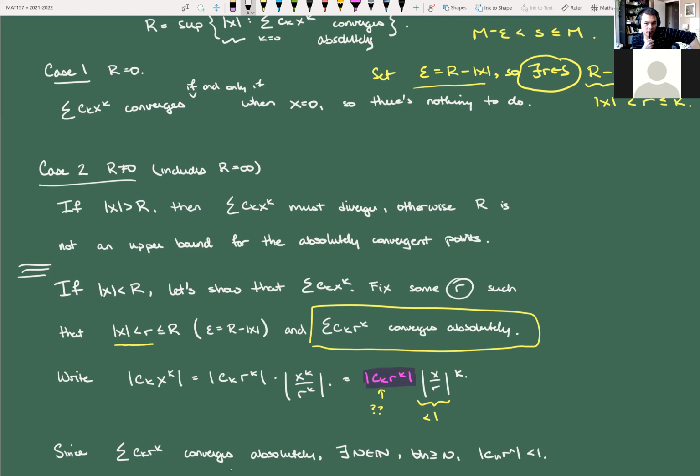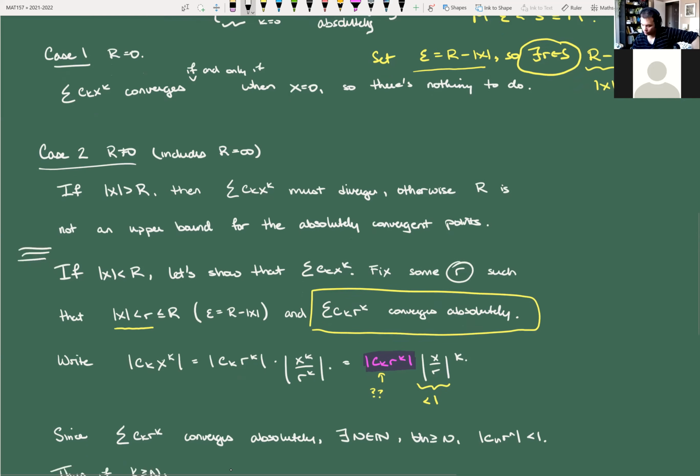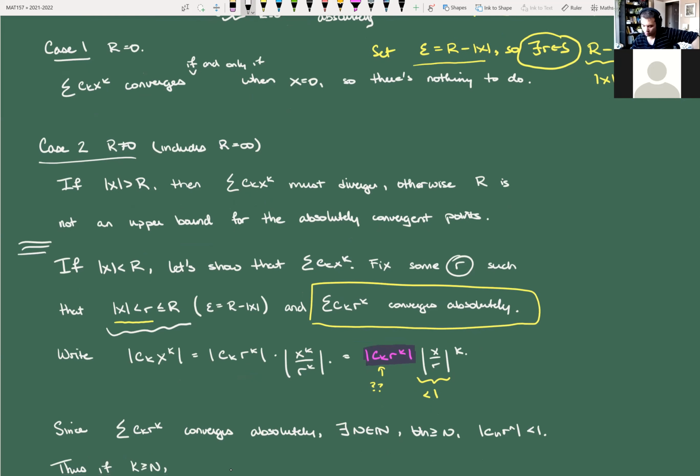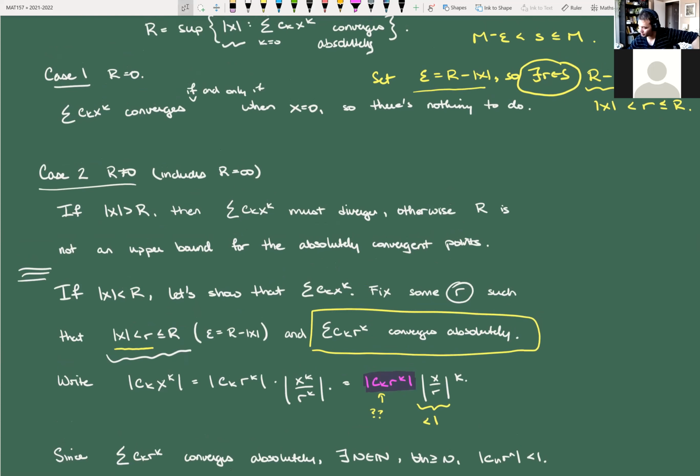In the supremum, like the definition of little r? No, in the proof. So like here? Yeah, so that is the supremum one though, right? So again, if you look at the definition of the supremum, you have to put the less than or equal to on the sup itself.